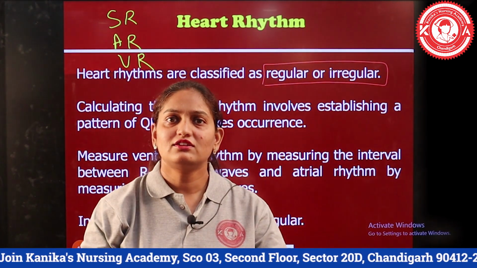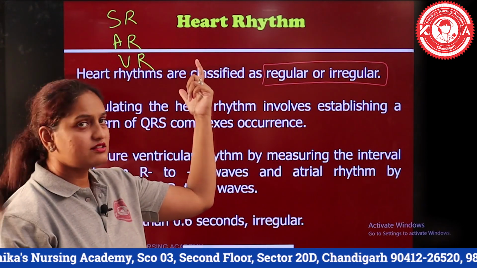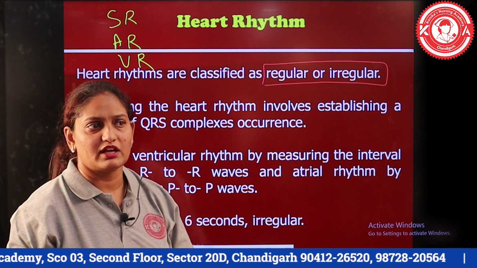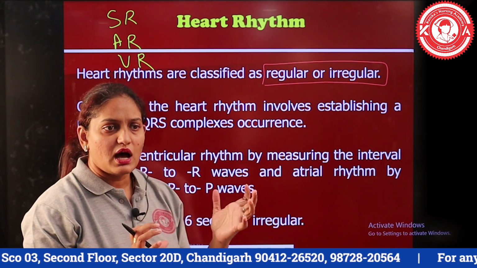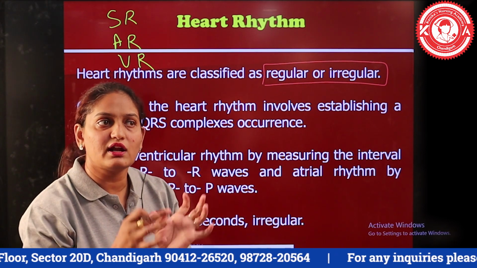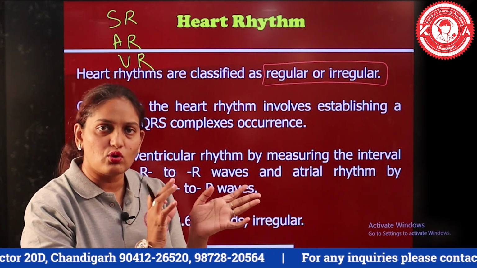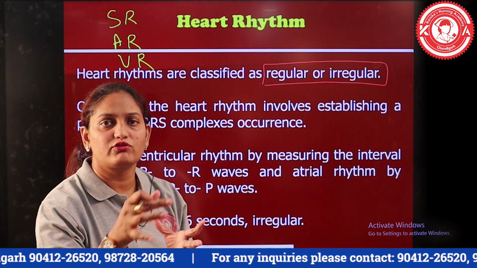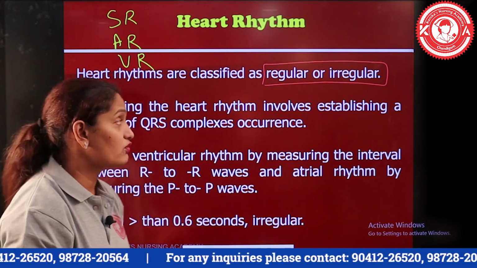These are the three types of rhythm. That means we just want to know how rhythmically the atria and the ventricles are functioning, and how well the sinoatrial node is initiating the electrical impulse and moving it further to the various other areas of the heart.